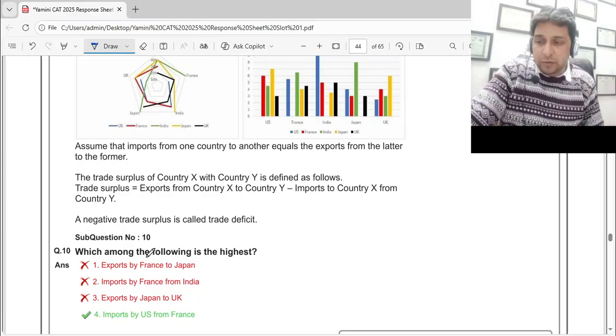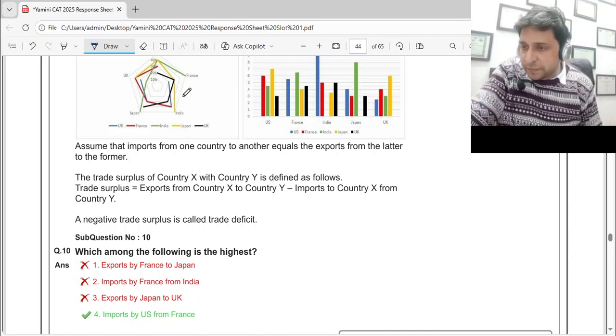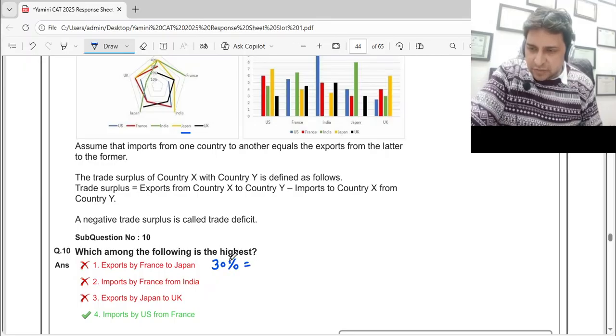Let's talk about the first option, exports by France to Japan. Japan is importing, so let's see what percentage of tariff they are putting on France. Here is France, this is 30%. That is equal to how much?